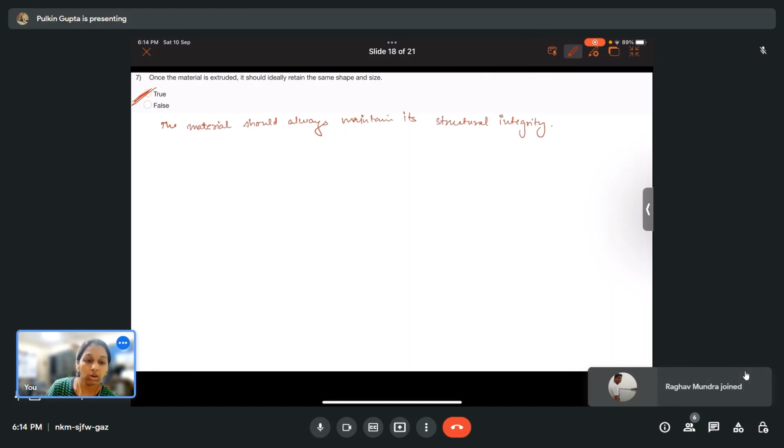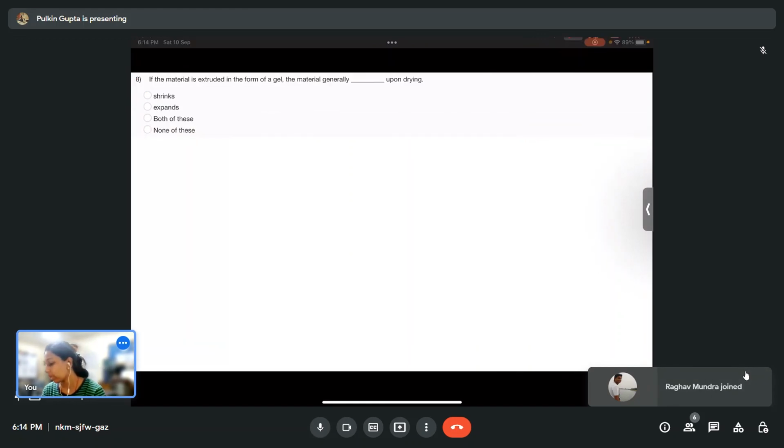So it should not lose its shape and size. Question 8. If the material is extruded in the form of a gel, the material generally dash upon drying. Shrinks, expands, both of these, none of these. So the material usually shrinks.